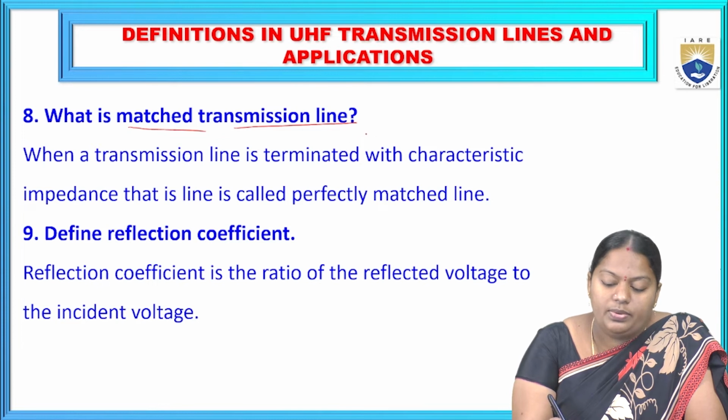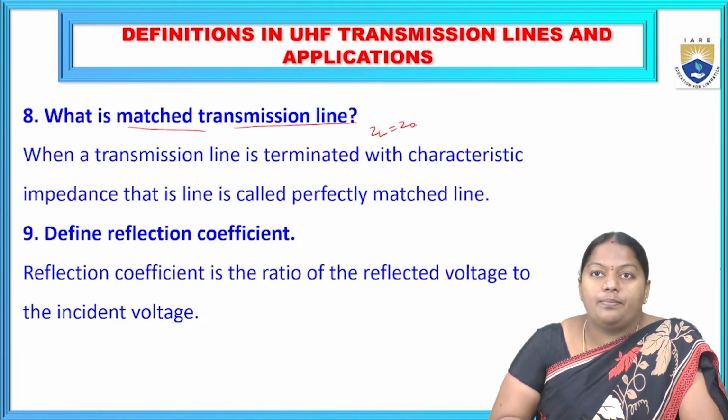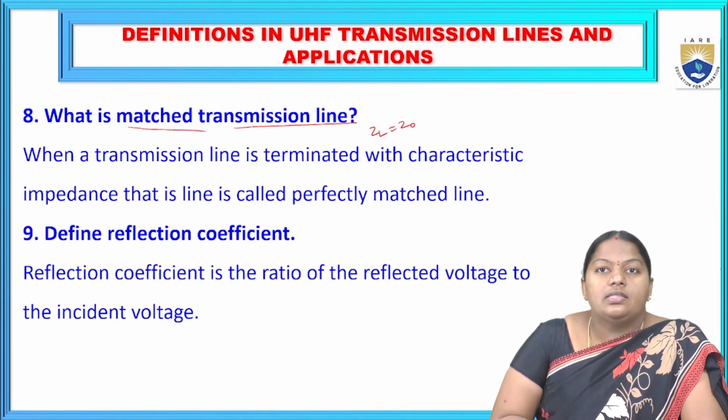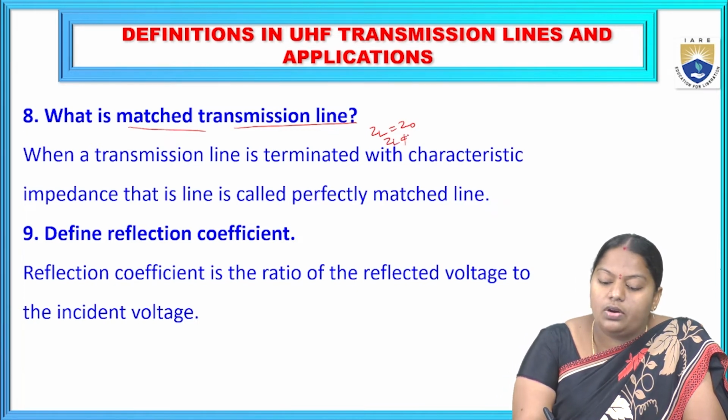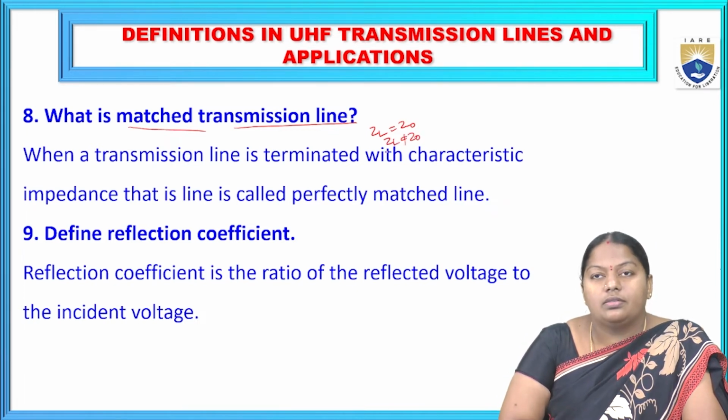When the load impedance and the characteristic impedance are the same, the line is properly matched. If ZL is not equal to Z0, reflection occurs.